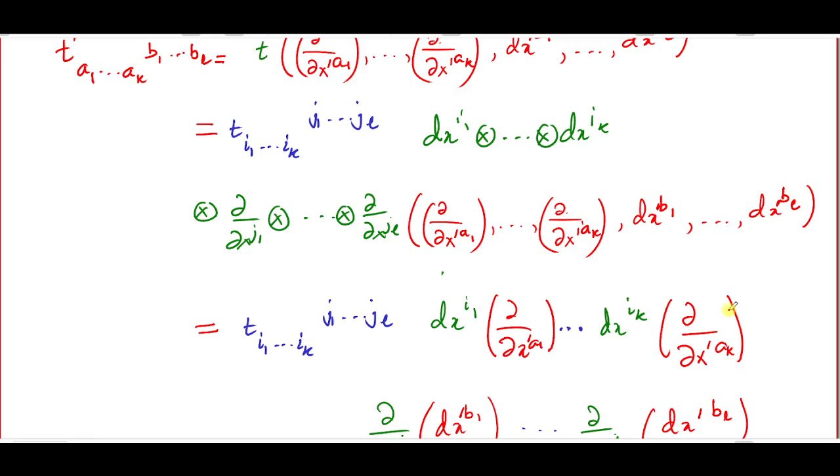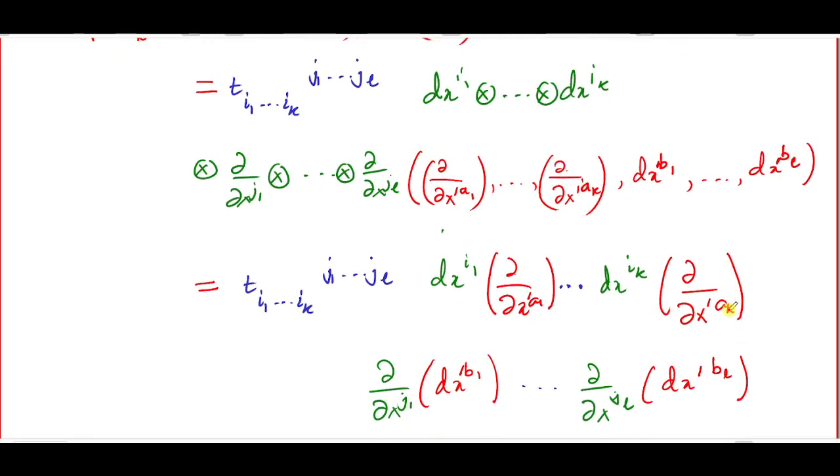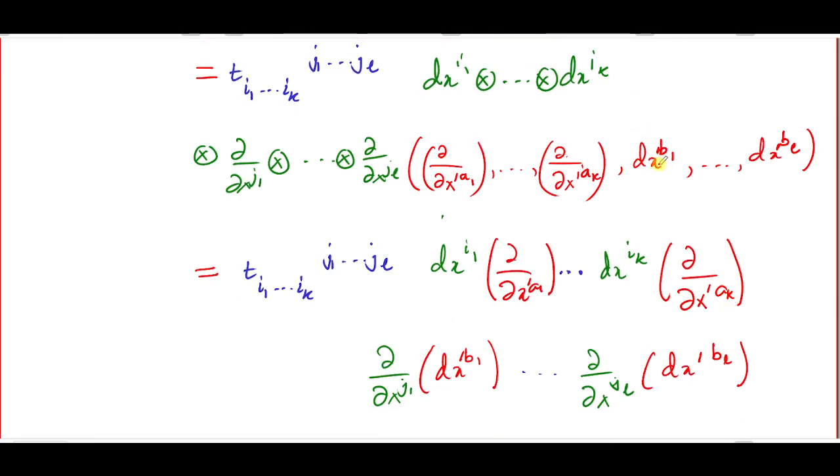But then you have dx prime b1. This argument is given to del del x j1. dx prime bl is given to del del x jl, and all the other terms in between are also there. Now notice that this thing is exactly what we denote by del x i1 over del x prime a1.